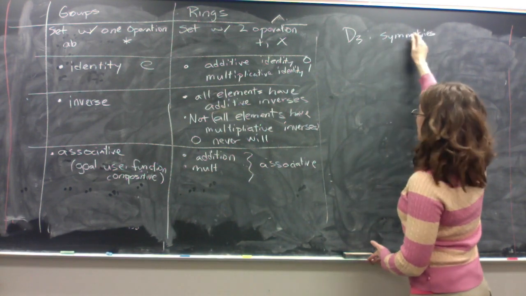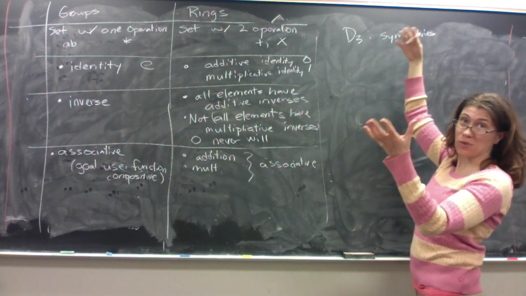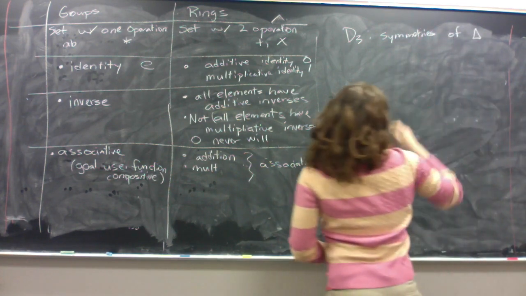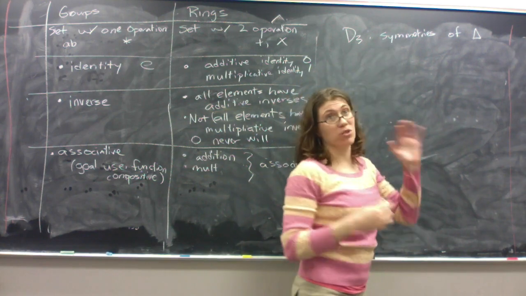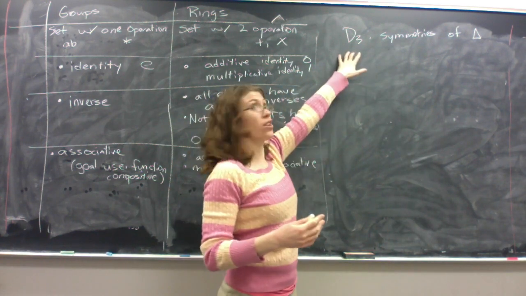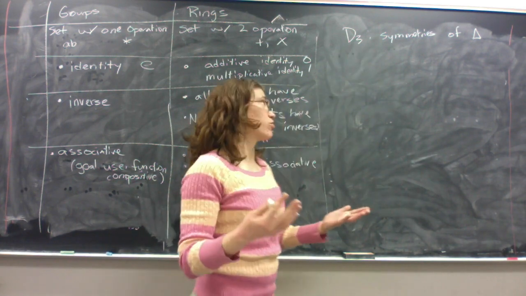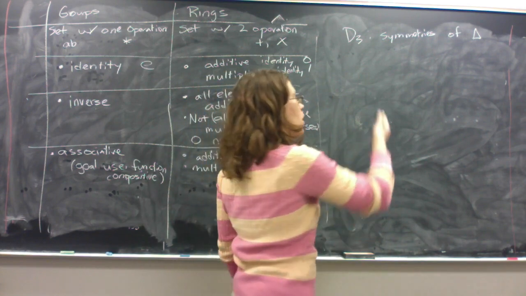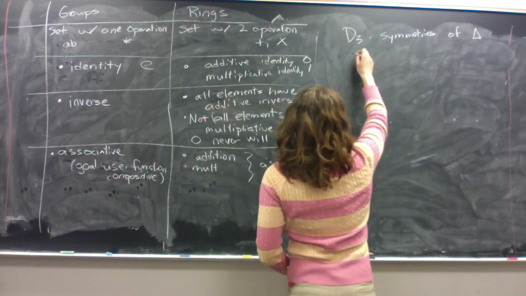In other words, symmetries means functions of the triangle. And if we think of D3 as symmetries of the triangle, they're functions, therefore the operation on D3 is automatically associative because the elements are functions.